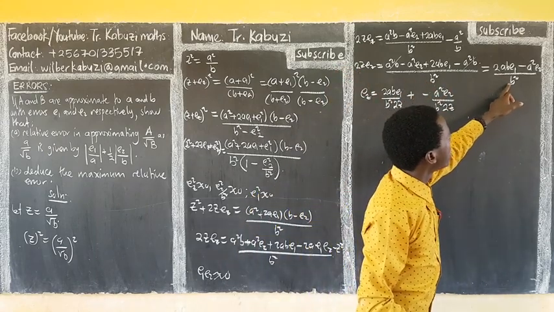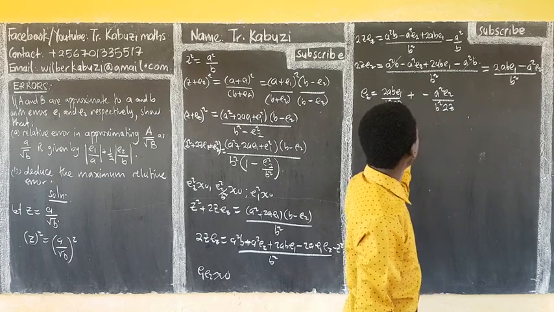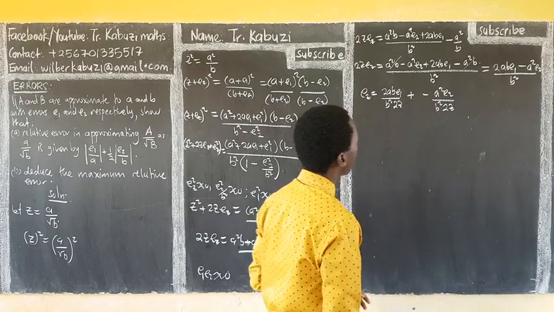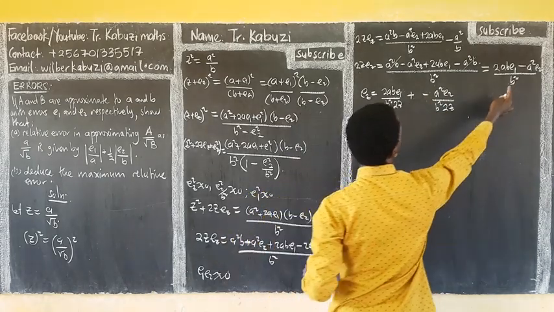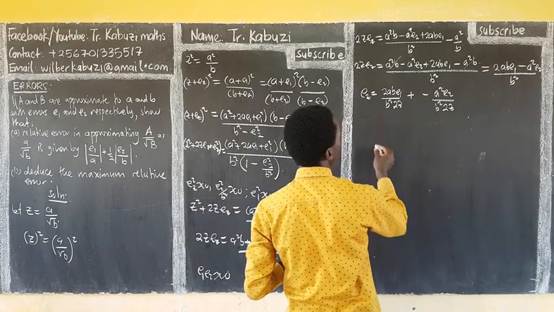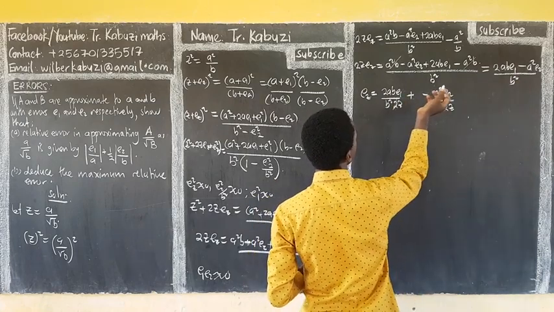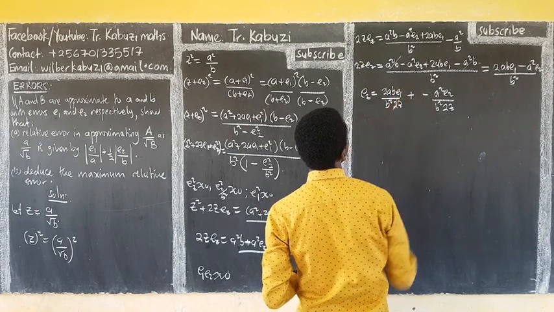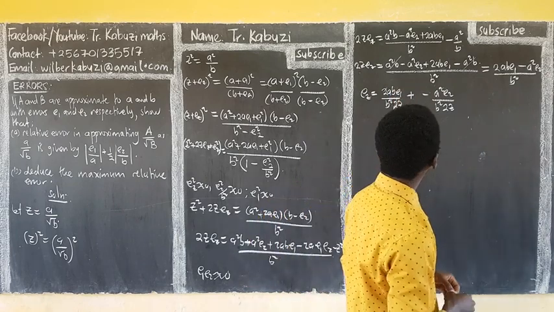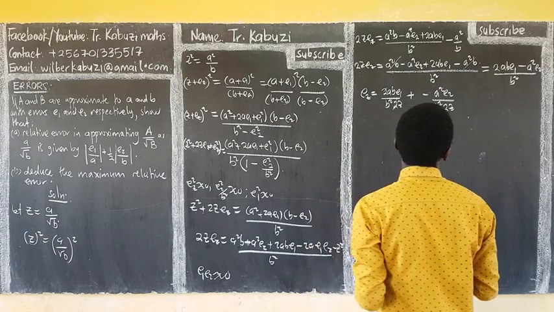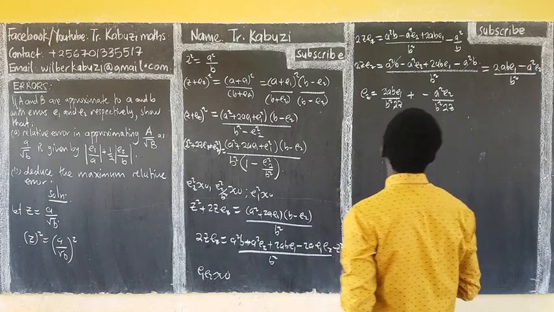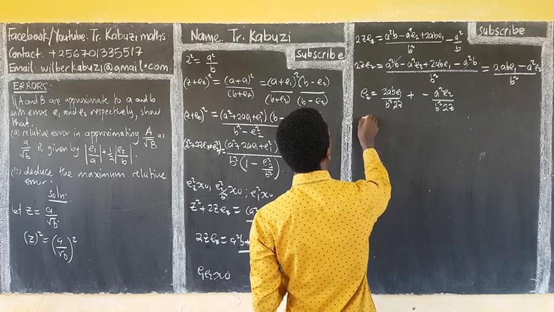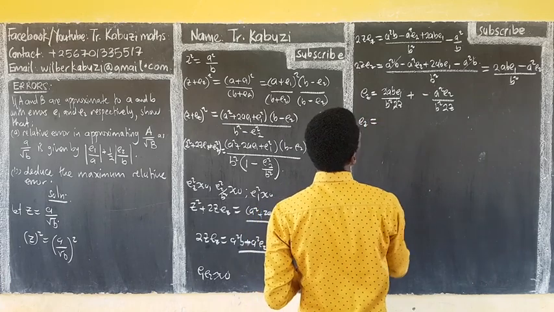So 2z b squared divides this, also divides that. Remember, if you get this and this, we shall go back to this negative. So this 2 is vanishing with that 1.